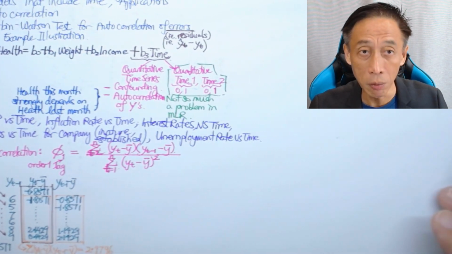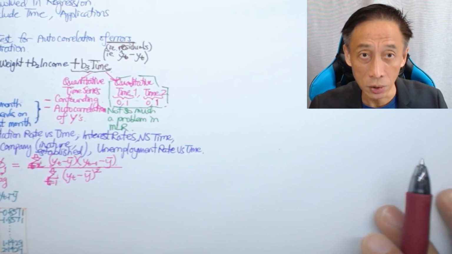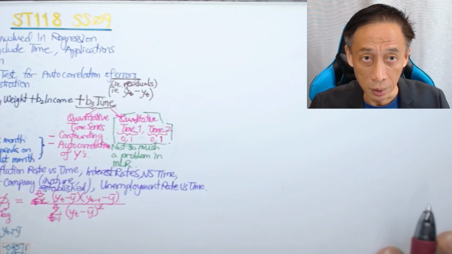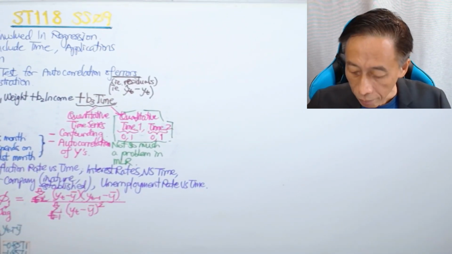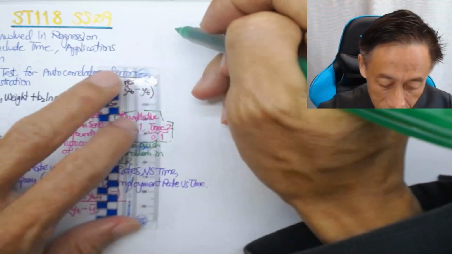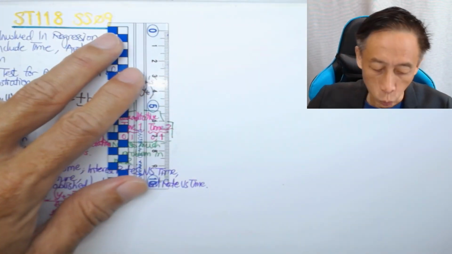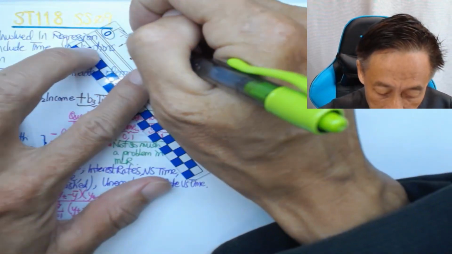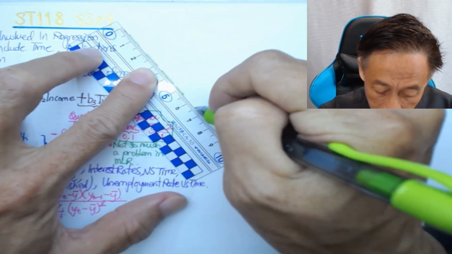Okay, so the Durbin-Watson test. Let's look at the test statistic. How do we calculate the Durbin-Watson test statistic?